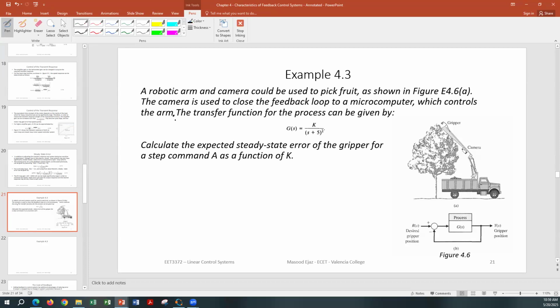The transfer function of the process can be given by G(s) is equal to K over (s plus 5) squared. Calculate the expected steady state error of the gripper for a step command A as a function of K, and K in this case is the DC value for the process gain.